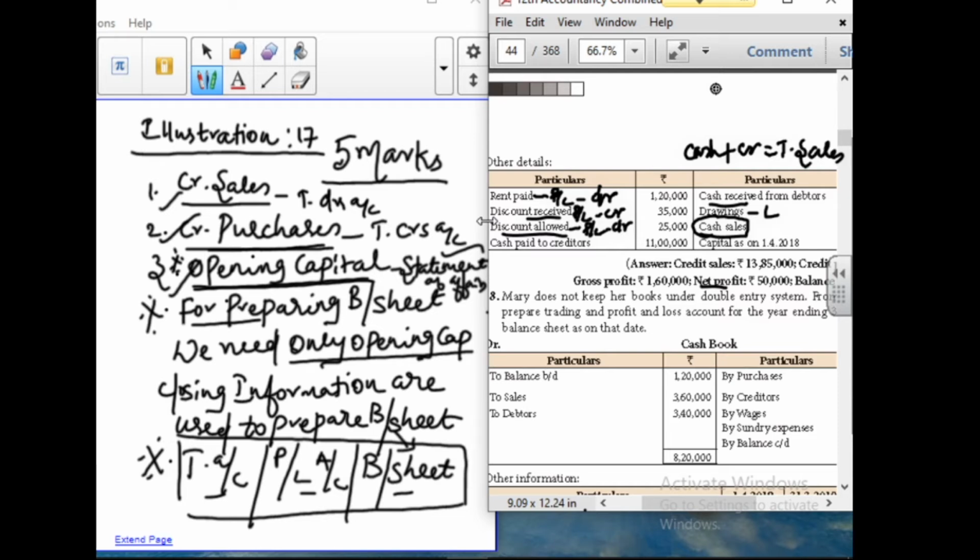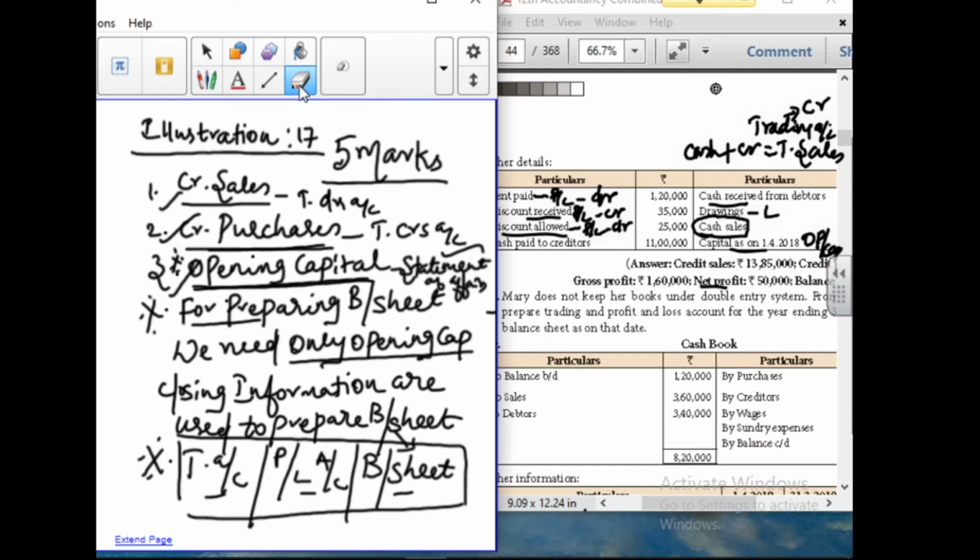So this total sales is used in the trading account under credit side. We'll use this information. Capital as on 1/4, the information is given. It's nothing but the opening capital. This opening capital is used in the balance sheet under the liability side. This is the available informations.